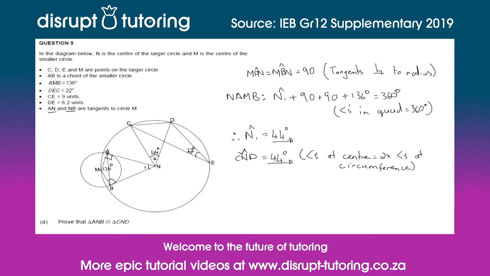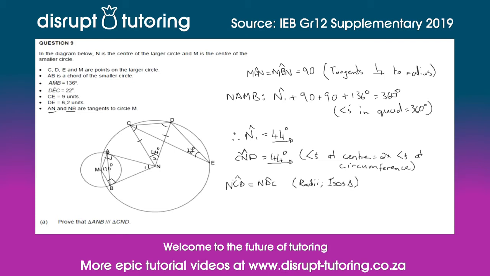You can also conclude that this angle C and this angle D are equal because of radii. So that means that angle NCD equals angle NDC, and the reason being is radii, and they form an isosceles triangle.